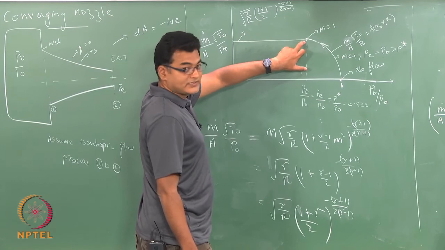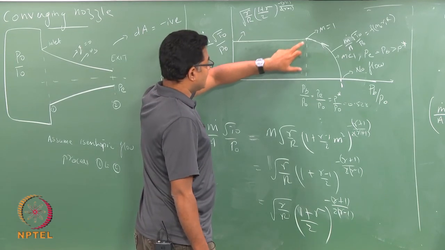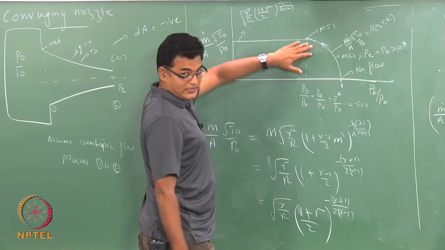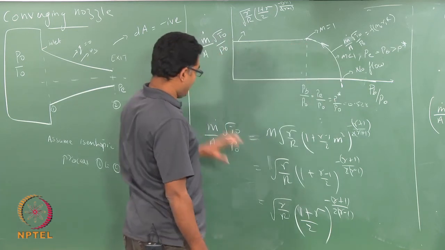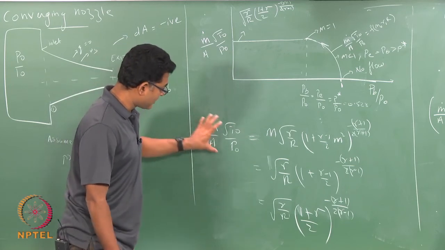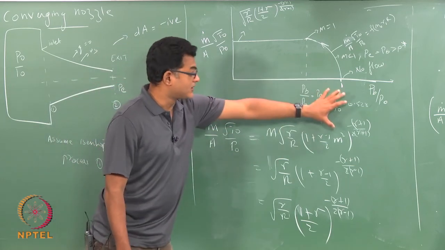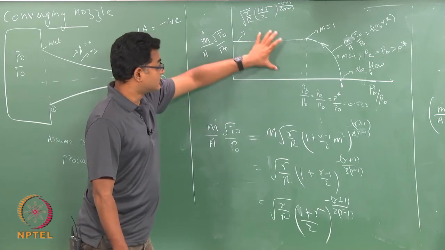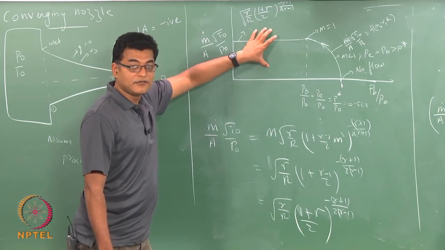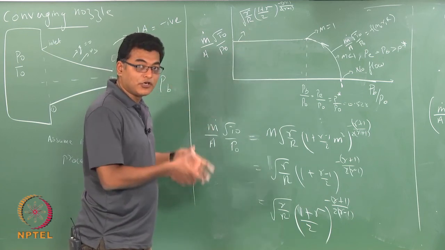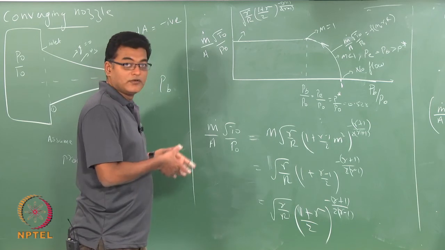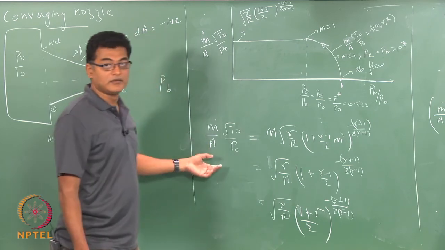Once it reaches that, the exit Mach number is 1, and whatever you decrease further, the exit Mach number is not going to change. Hence, if you look at the equations, the mass flow rate also is independent of the pressure ratio. So, the pressure ratio is not going to play a role in the mass flow rate, and that is the choked condition, because you are choking your flow with that particular pressure ratio.